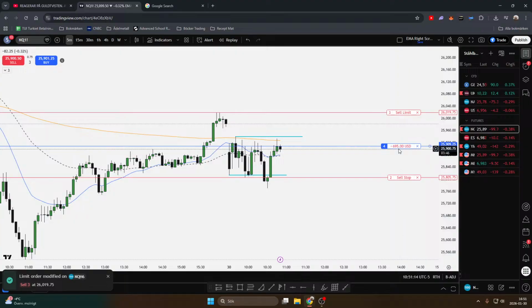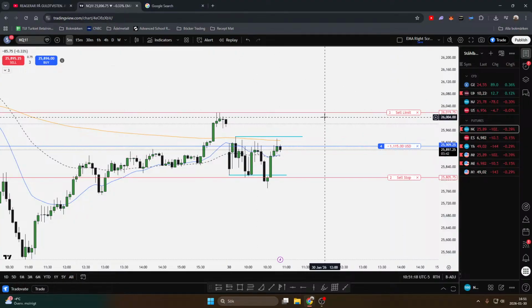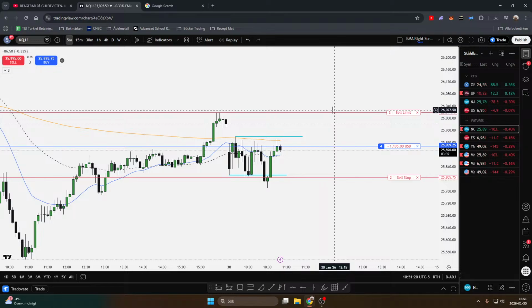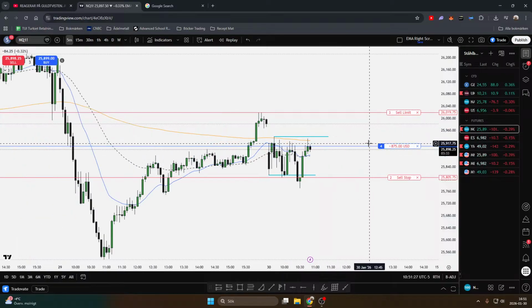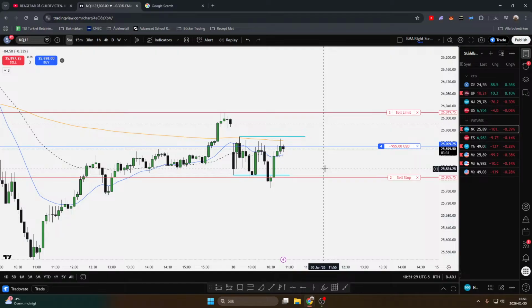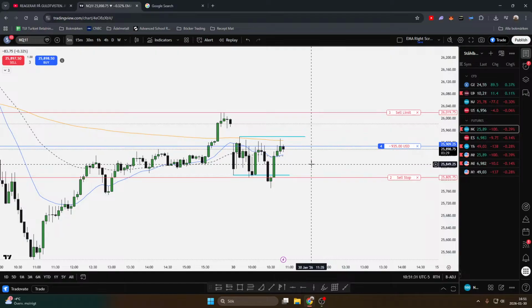So I started with Apex now because my other prop firm, Funding Ticks, they just closed our accounts. So I had to find a new one. And I have used Apex before. I just don't like the trailing drawdown. It's terrible.